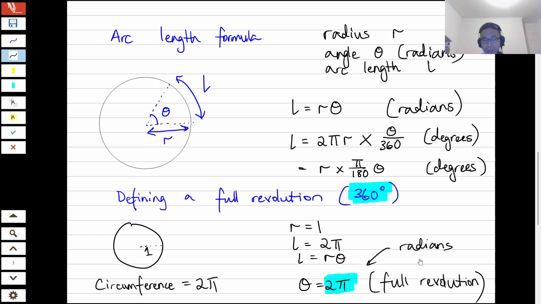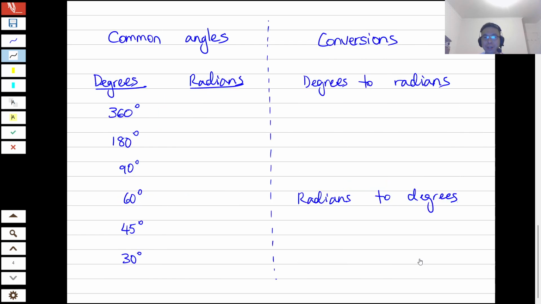Once we know this fact, we're ready to write down some familiar angles that you'll have seen in the year 11 course. So one full revolution is 2 pi. That's the circumference of a circle with radius 1. So if I want a half rotation, which is 180 degrees, I just need to take a full revolution and divide it by 2, which is pi.